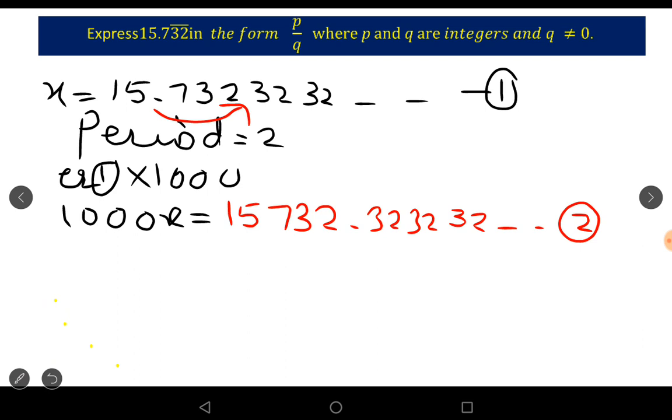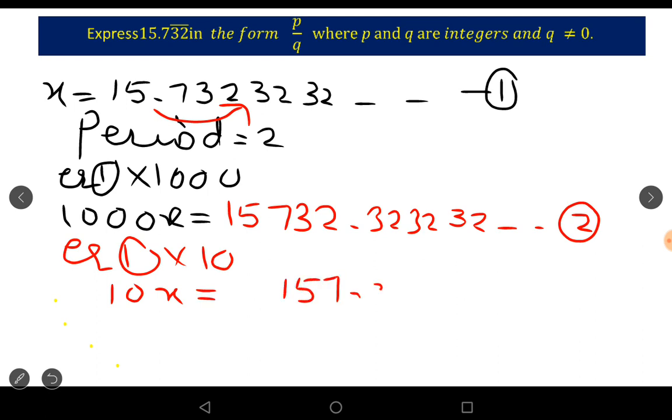Next step, 1 digit non-repeat, so again multiply equation 1 with 10 because 1 digit non-repeat. So 10x equal to, direct step 1 place move to right side, 157.323232. Here another, equation 3.